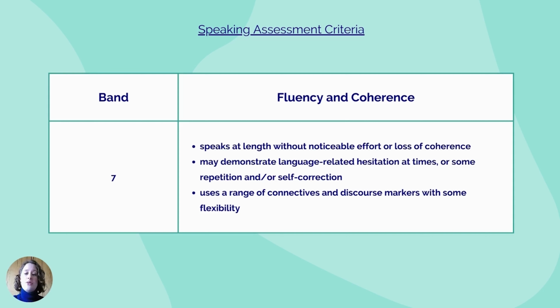Here you can see the fluency and coherence marking criteria taken from the IELTS website. In it, you can see that you are allowed to hesitate at times and or self-correct, but you should be able to speak at length without noticeable effort or loss of coherence.